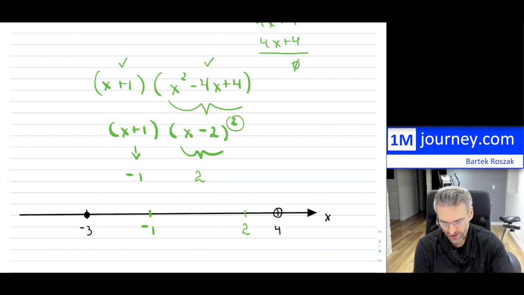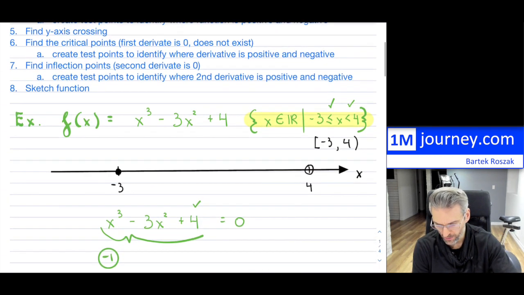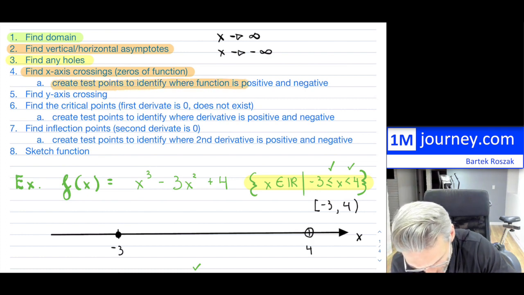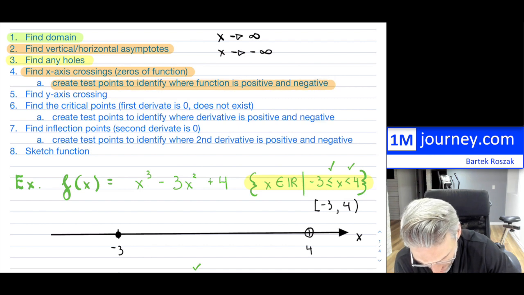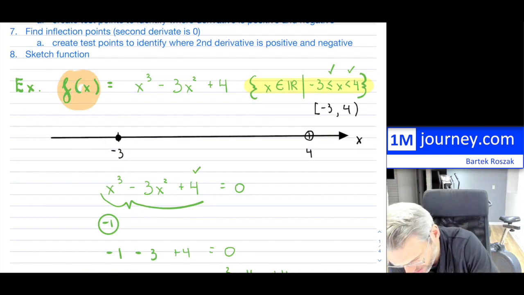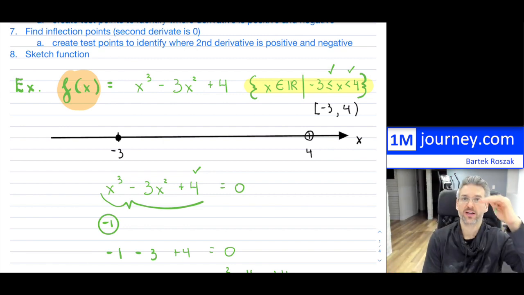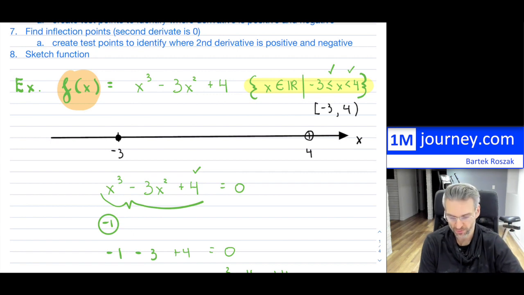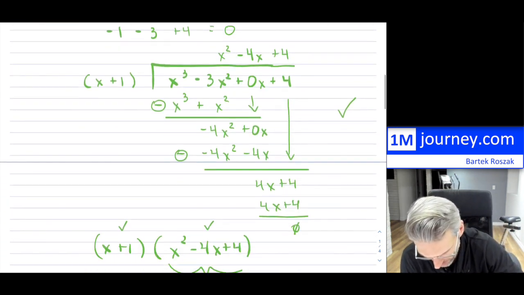So now what I will do is, if you go back in here, so it says create test points to identify where the function is positive or negative. So that means we want to know where this function is positive or negative, meaning where is it above or below the actual x-axis. Okay, so when we're plotting it, so how would this look like?